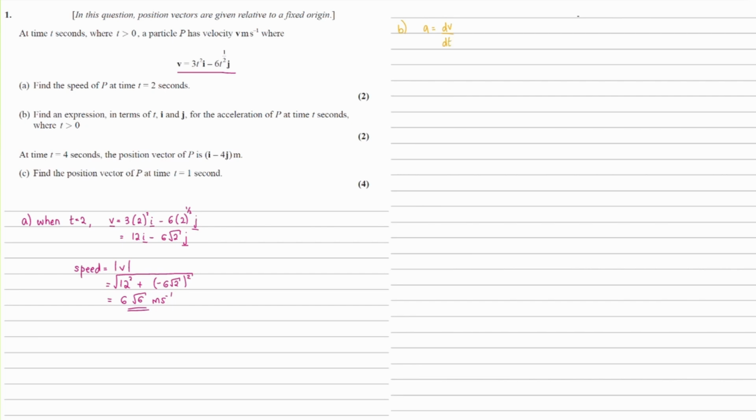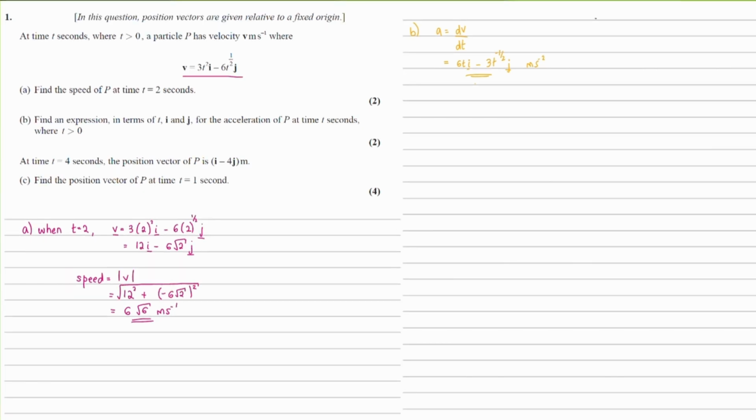So in order to differentiate this, we multiply our coefficient by the power and reduce the power by 1. So this will become 6t i minus 3t to the power minus a half j meters per second squared.